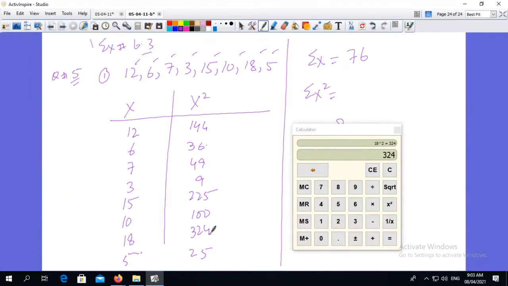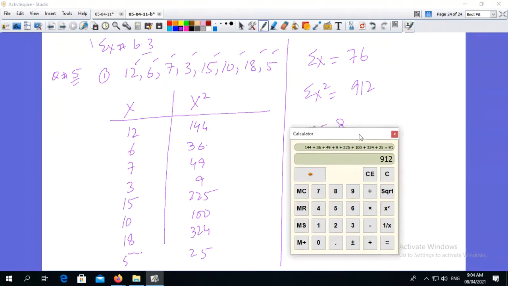Now we add all these values: 144 plus 36 plus 49 plus 9 plus 225 plus 100 plus 324 plus 25, and we get 912.